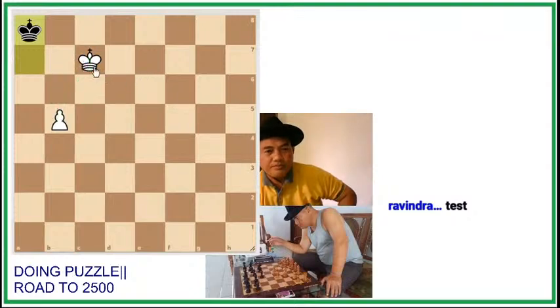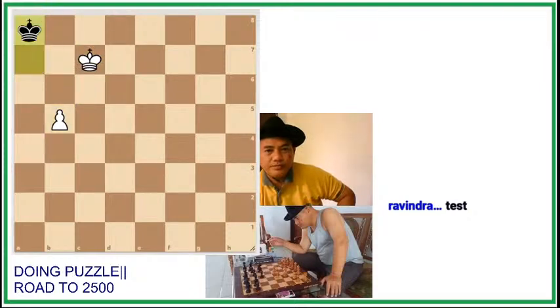For example, you can also go here and after this go here and then promote the pawn. For example, like this, and then get the opposition, and if black goes here, then you can get that key square and promote the pawn.